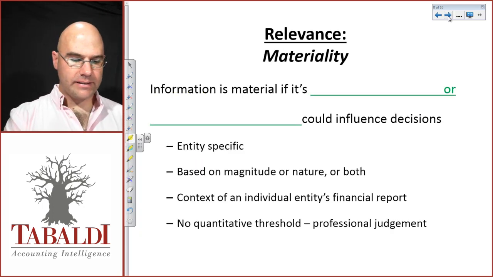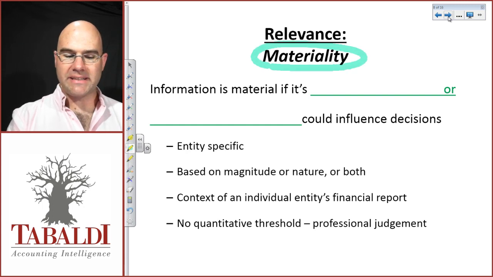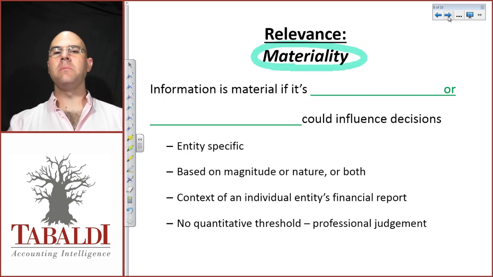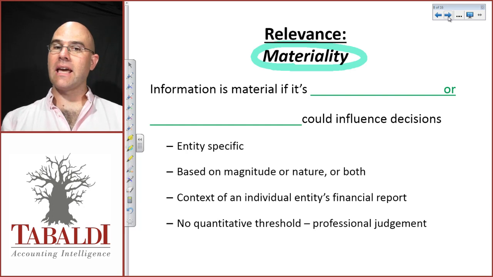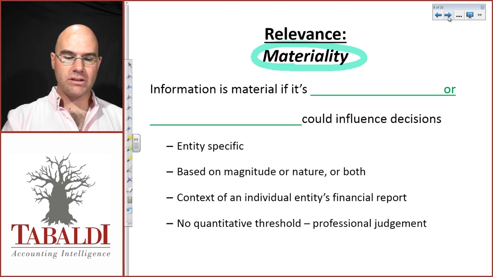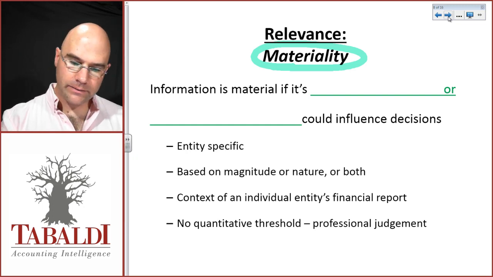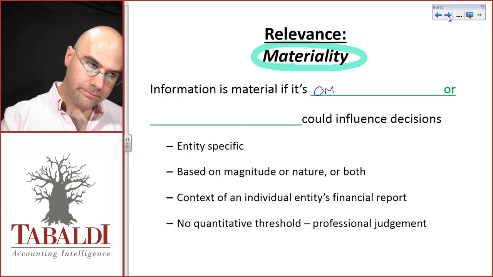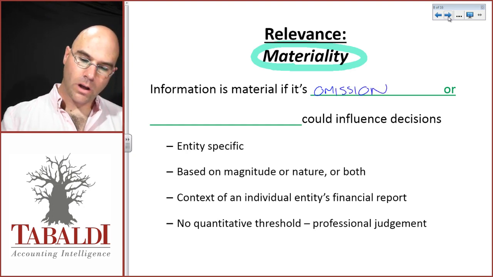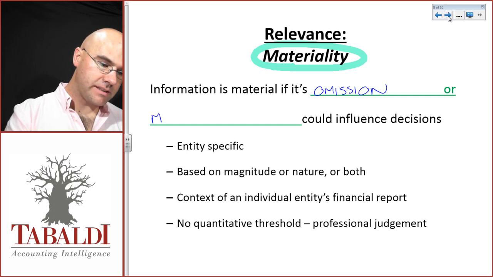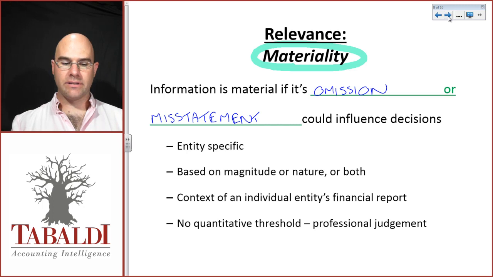Under relevance, there's a little subheading that refers to materiality. Now this is probably more important for your auditing, but you need to understand materiality when you're doing financial statements in the real world. So information is material if its omission or that information's misstatement could influence decisions.